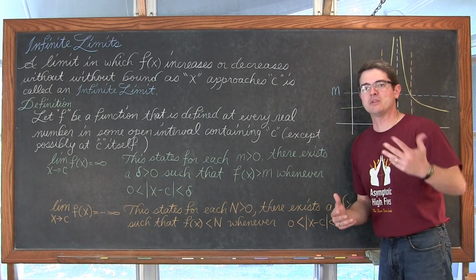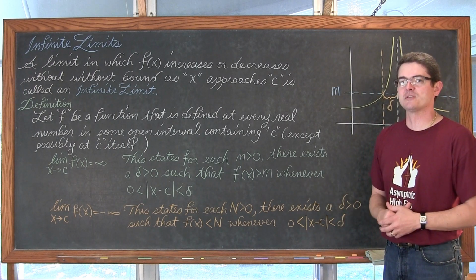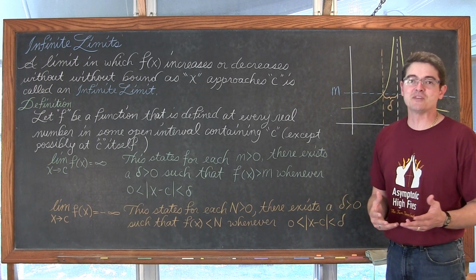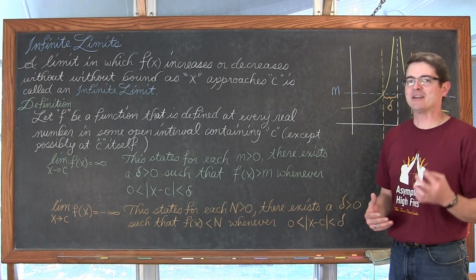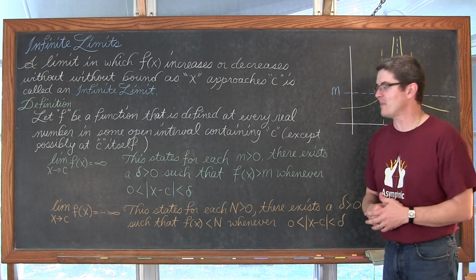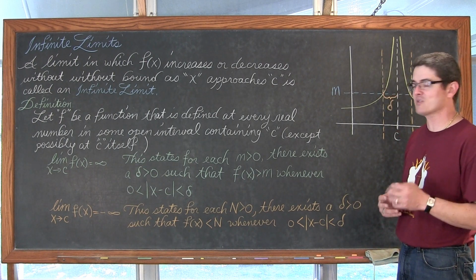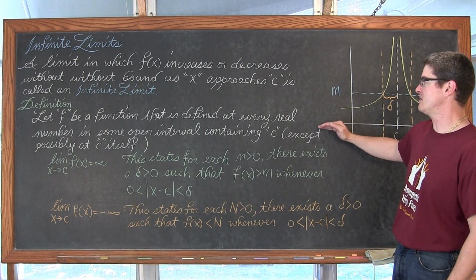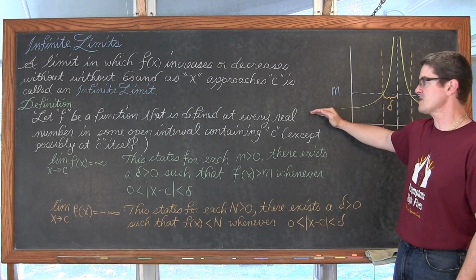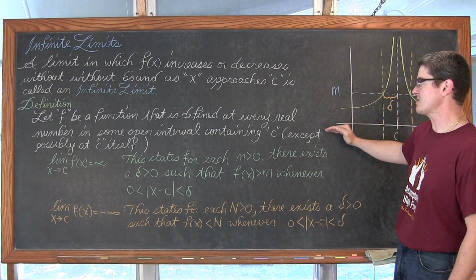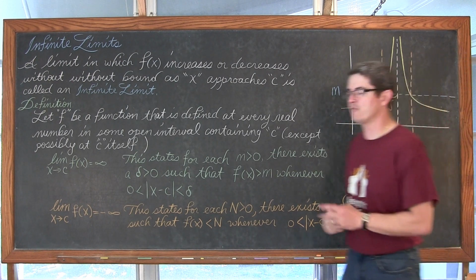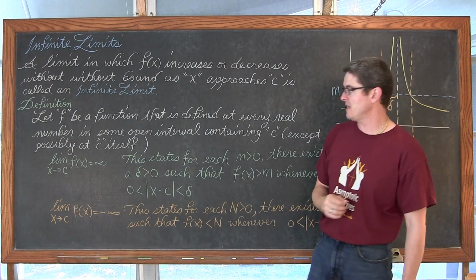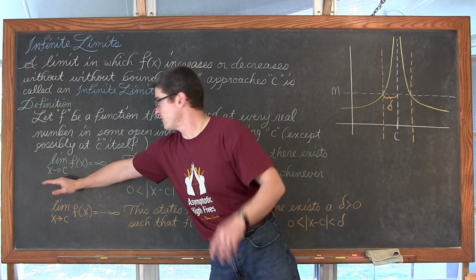As I've already started to learn doing these videos, I'm sometimes getting questions that after 17 years of teaching high school, either I know I never learned or I've long forgotten from my studies of mathematics in college, so it gets quite complicated. So we'll just say that the function again is going to be defined at every real number in some open interval containing c, except possibly c itself. For our examples, it's not going to be defined at c. Then we'll have our vertical asymptotes.